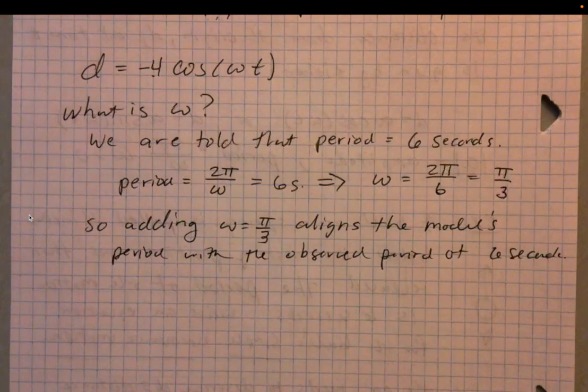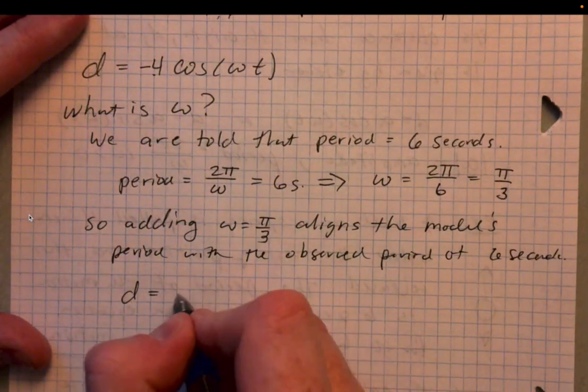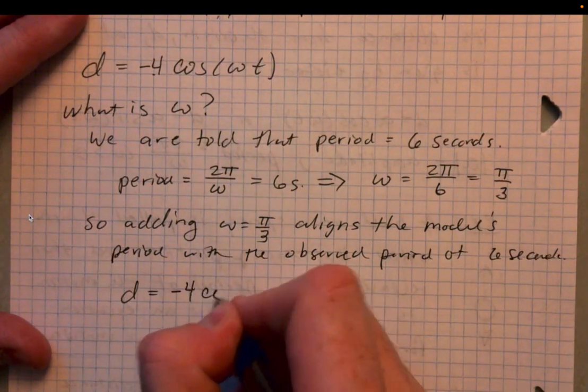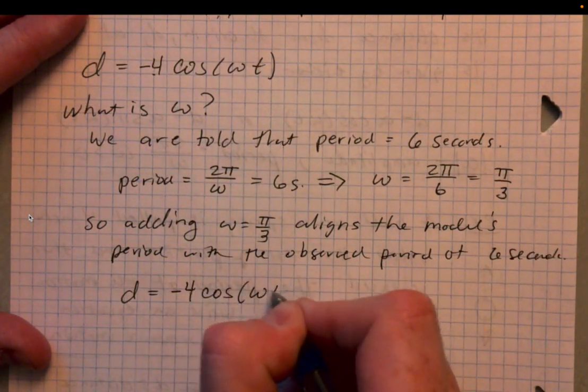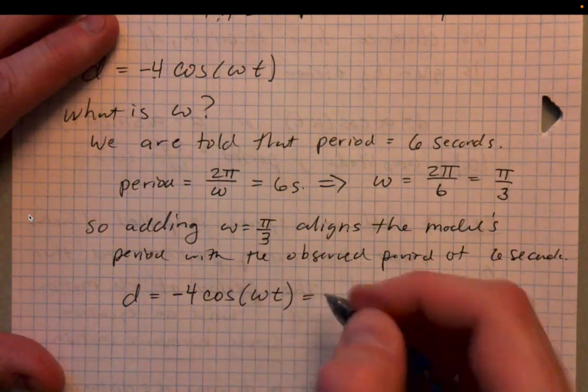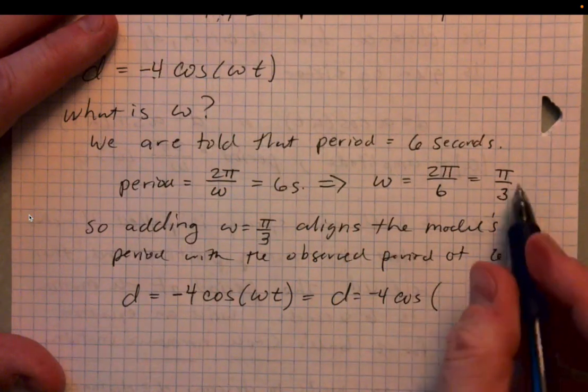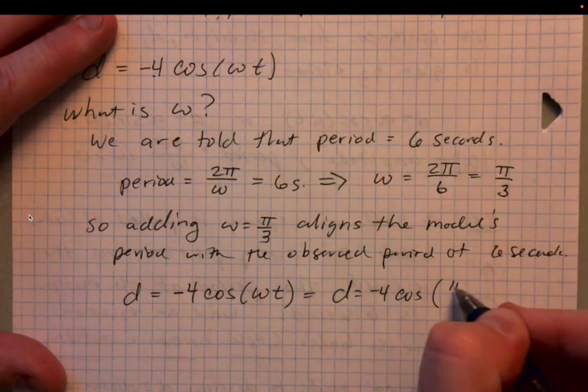Okay, and so our model then is just simply D equals -4 times the cosine of omega t, which is D equals -4 cosine of pi over 3 times t.